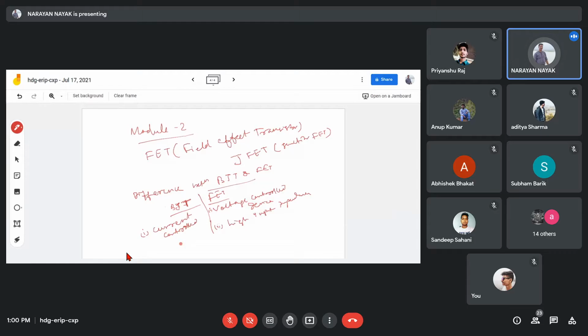And it is temperature stable. Third point is that it can operate at high temperature. Clear? Also, it is smaller than BJT.